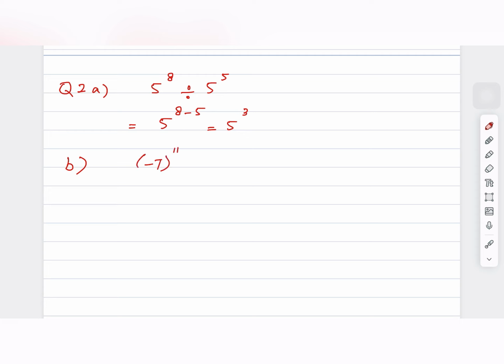minus 7 power 11 divided by minus 7 power 4. Since you have the same bases, you will subtract the powers because there is a division sign in between. So it is 11 minus 4 and that will be minus 7 power 7.